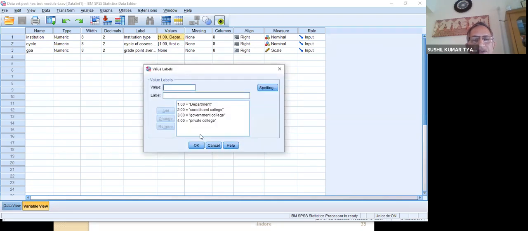Institution has 4 levels. One is department, university department. Second is constituent college. Some universities have constituent colleges. Others have affiliated colleges. Department, constituent college, government college, and private college.